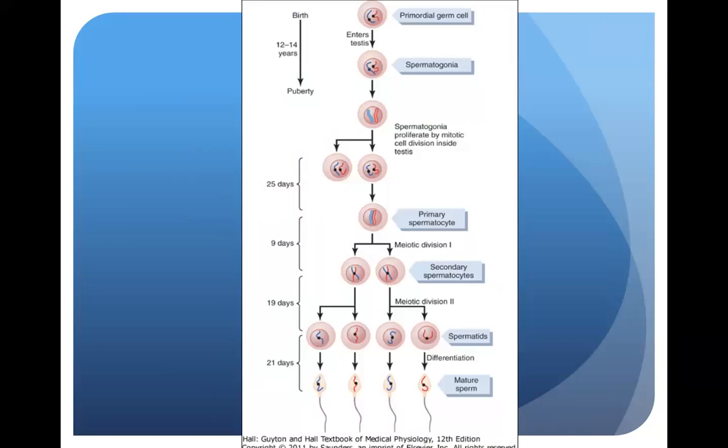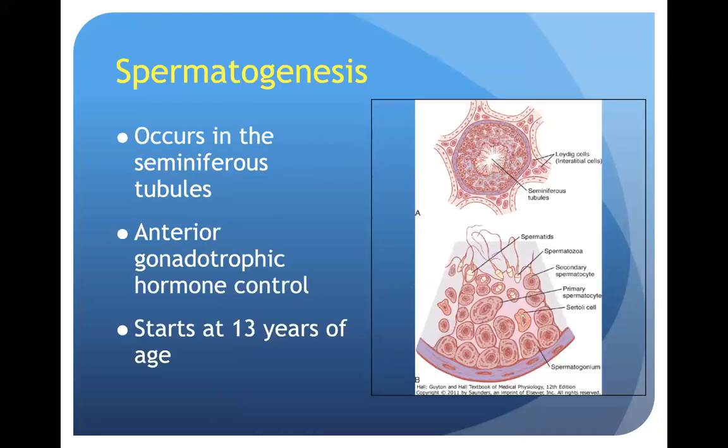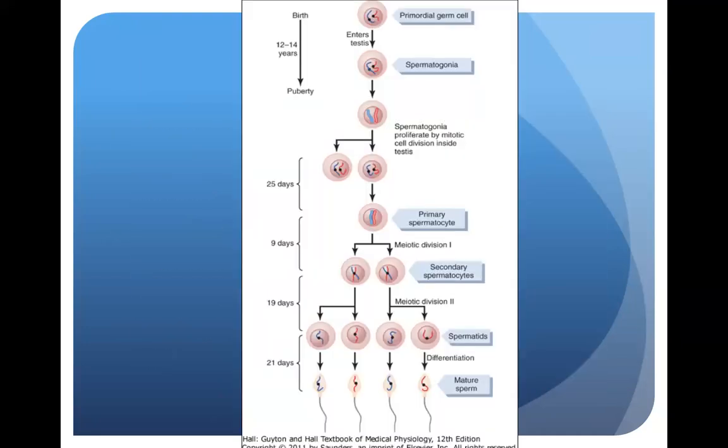At birth, these primordial germ cells are at rest, parang nandun lang sila natutulog sa loob ng testis. These primordial germ cells later on, as they enter the testis, will become your spermatogonia. And just like what I have said, nandun siya sa pinaka-periphery. And then at the start of puberty, doon magsisimula yung actual spermatogenesis.